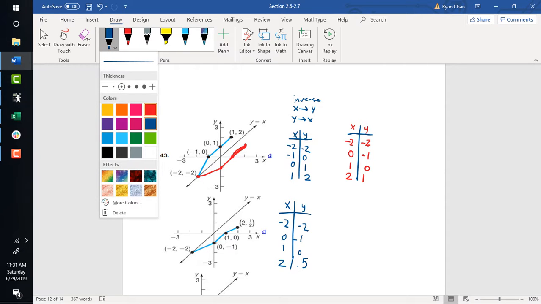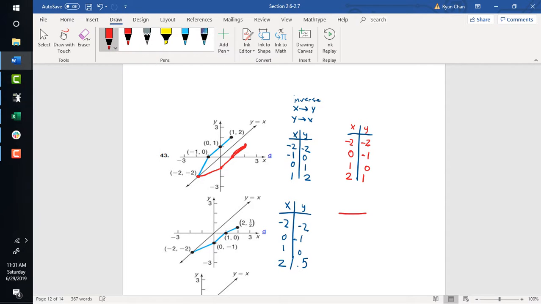So I'll do the same thing and flip them. So -2, -2 flips. 0, -1 flips around, so now it becomes -1, 0. 1, 0 will flip and now become 0, 1. And then the last one will flip and it'll be 0.5 and 2. And so it looks like this, okay?